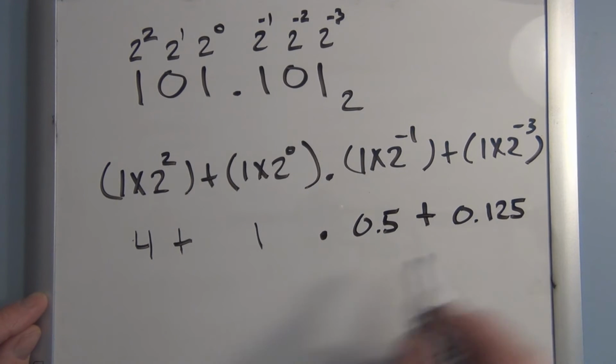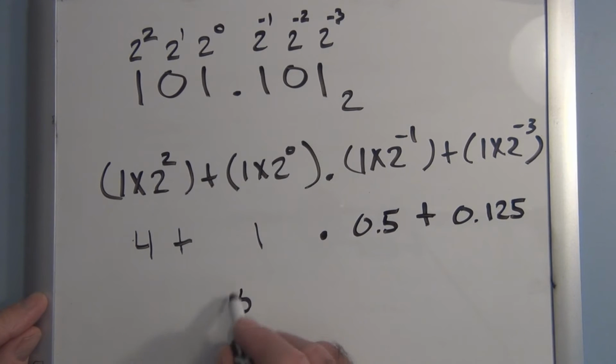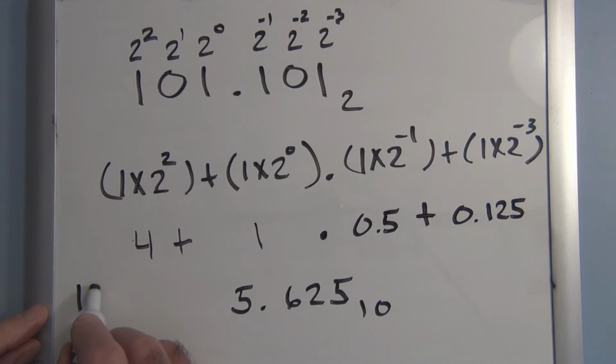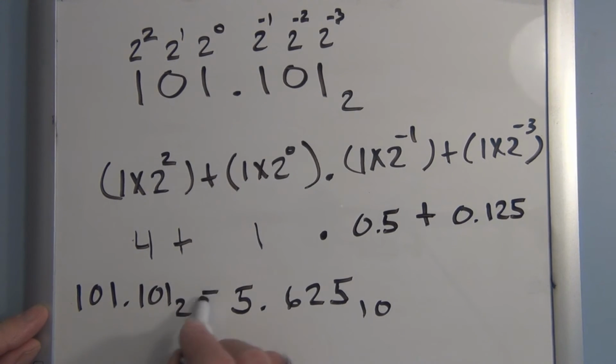Add these together, we have 5.625 in decimal. So 101.101 binary is equivalent to 5.625 decimal.